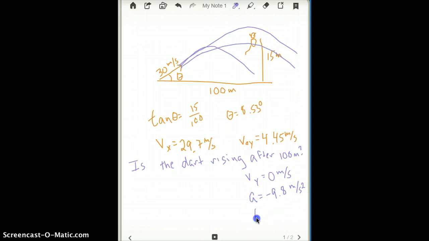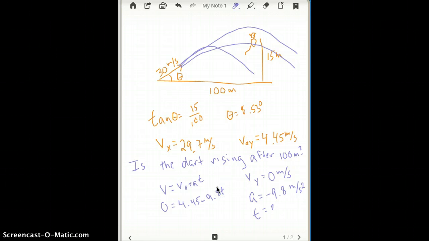So let's just see how long that would take. I can use V equals V naught plus a t, which would be 0 equals 4.45 plus a minus 9.8 times t.